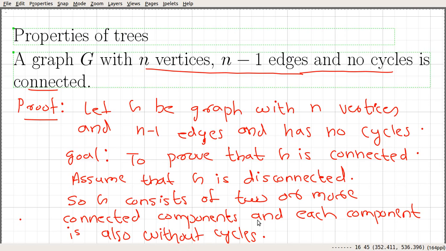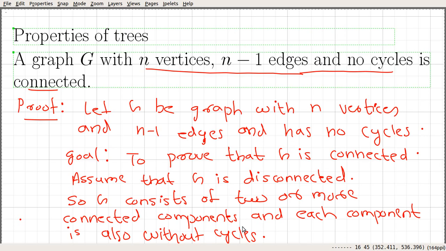That must be true, right? Because we started with a graph with no cycles. We assume that the graph is disconnected, so it could have two or more connected components. And since G has no cycles, each connected component doesn't have any cycle.